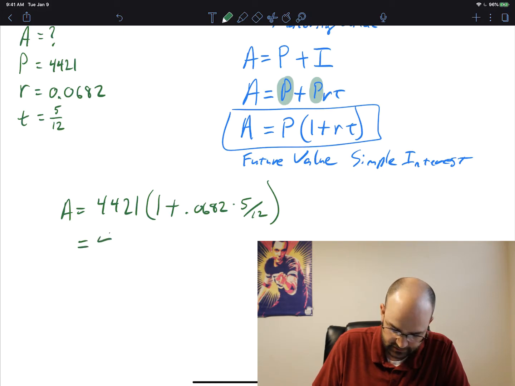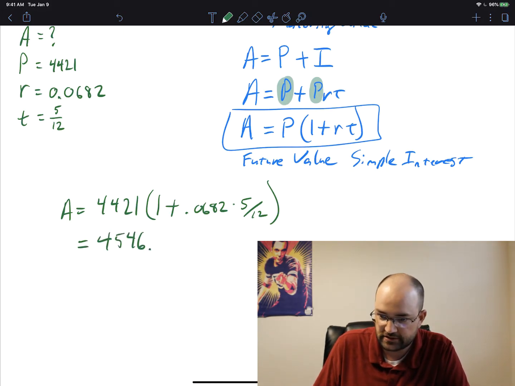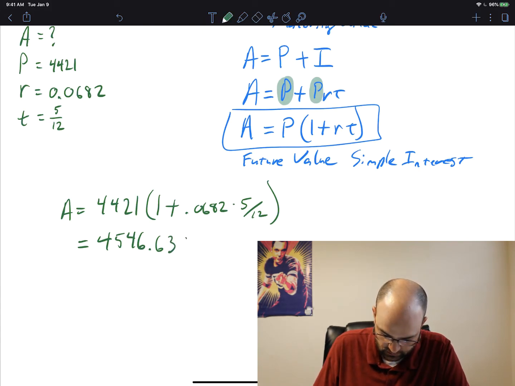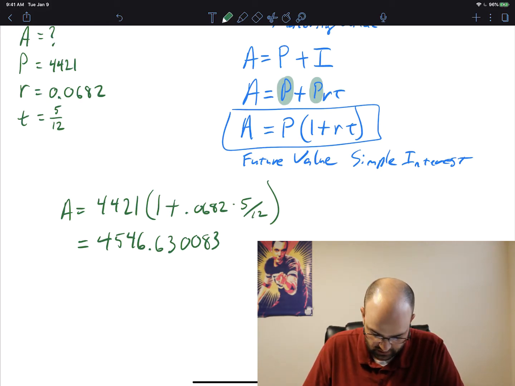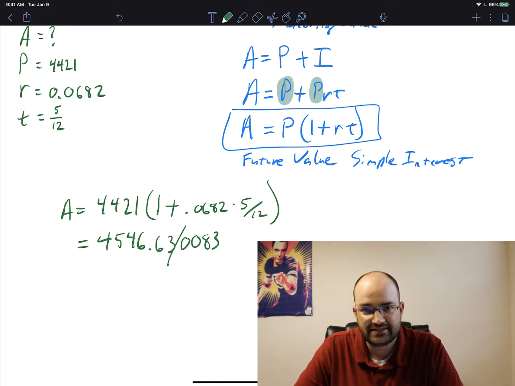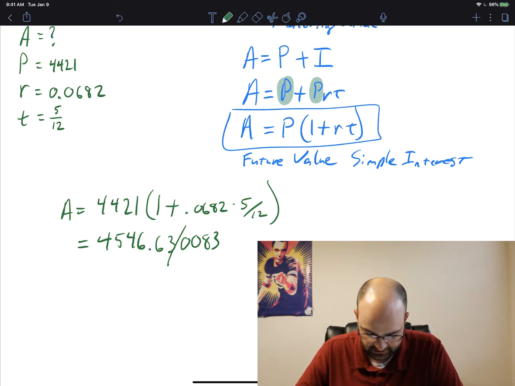And so what you'll see on the calculator is 4546.630083. But again, we're working with money, so we're going to cut this off after the cents, which is the second decimal place.